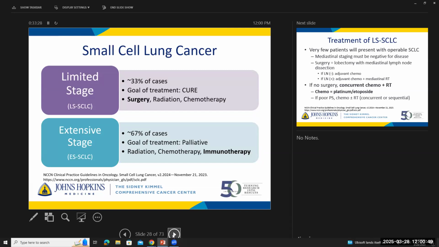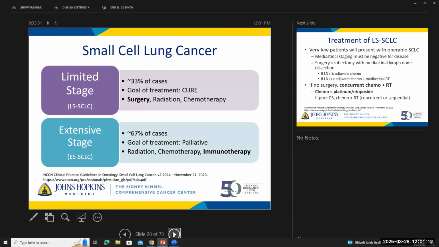It's divided into two stages. I told you we did TNM staging, and it still applies, but there are two functional staging classes derived from the Veterans Affairs Administration that make this disease state a lot easier to understand: limited stage and extensive stage. Limited stage is cancer that can fit into one radiation field.